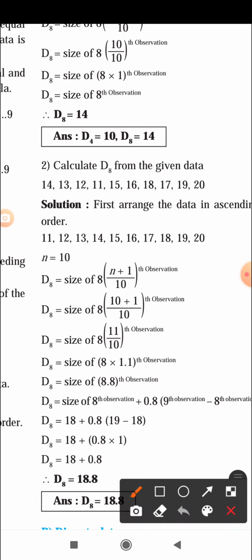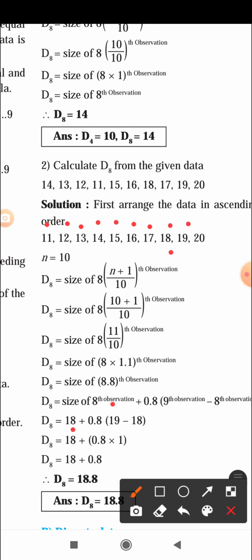For example, first, second, third, fourth, fifth, sixth, seventh and 8th, that is 18. So 8th observation plus 0.8 into 9th observation, that is 19, minus 8th observation, that is 18.